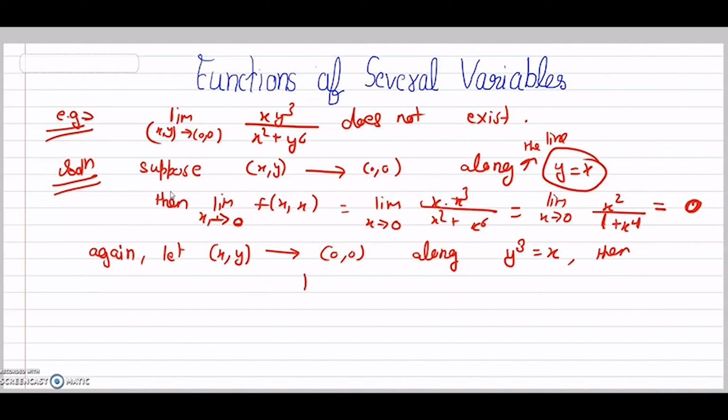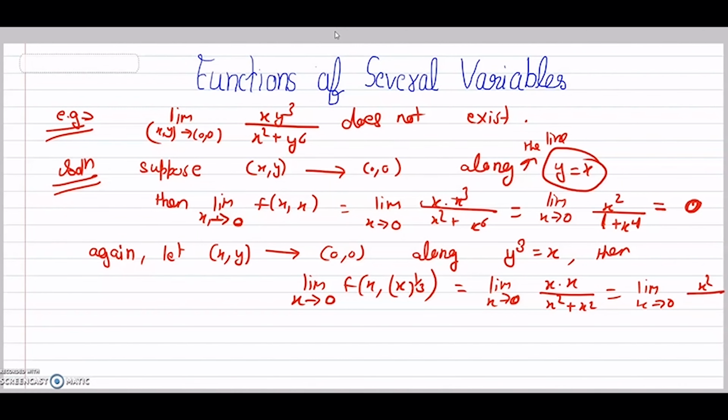Then limit x tends to 0, f(x,y) is equal to limit x tends to 0, x upon x square plus x square, which is equal to limit x tends to 0, x square upon 2x square. x square से x square cancel out हो जाएगा, तो इसकी limit क्या आ जाएगी 1/2.